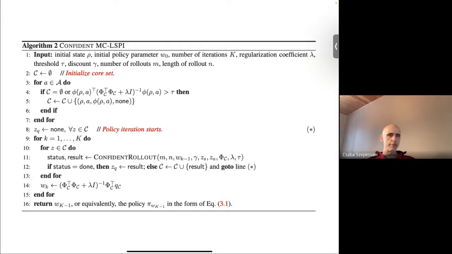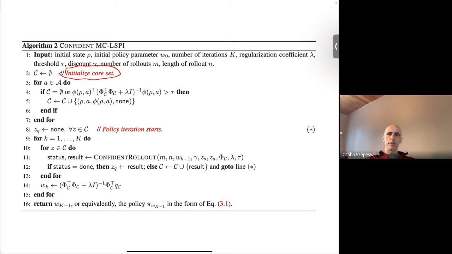So here's the full algorithm. And the whole thing revolves around this core set, which we don't have at the beginning. So we're going to need to initialize it in some way. The whole idea of the procedure is that given a core set, if you encounter some state action pair, you can measure how uncertain you should be about any function that you are estimating using those features.